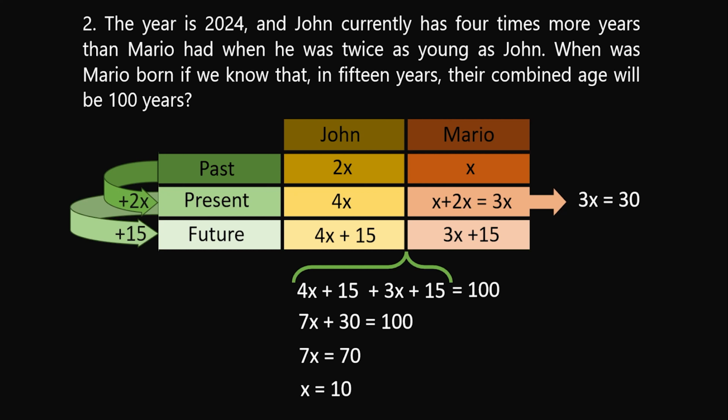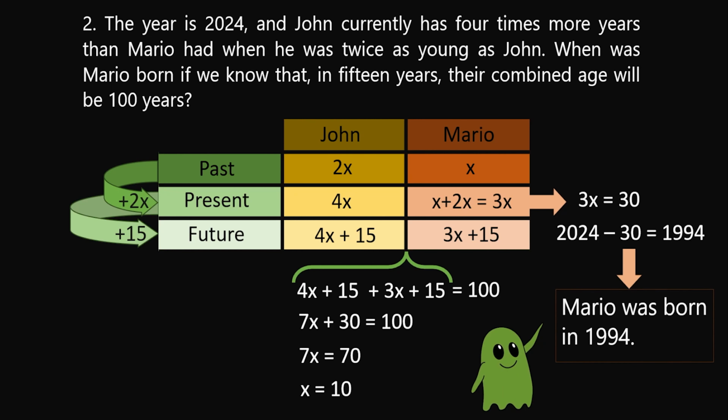Now it's really simple to calculate Mario's year of birth. Since it's 2024, we can say that 2024 minus 30 equals 1994, and that means that Mario was born in 1994. This is our answer.